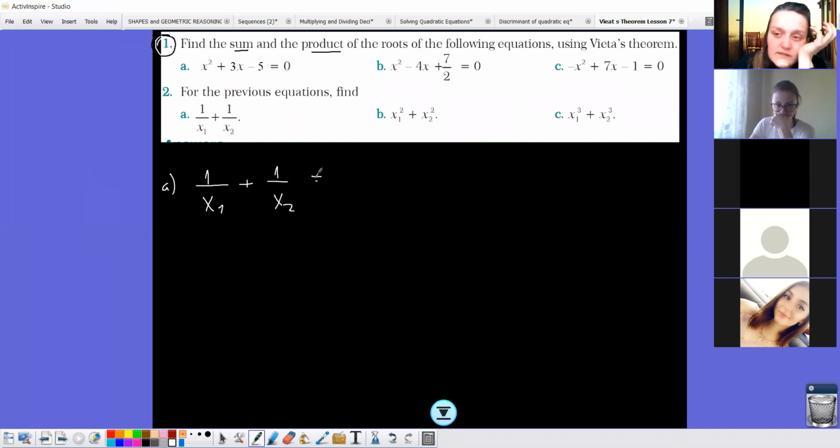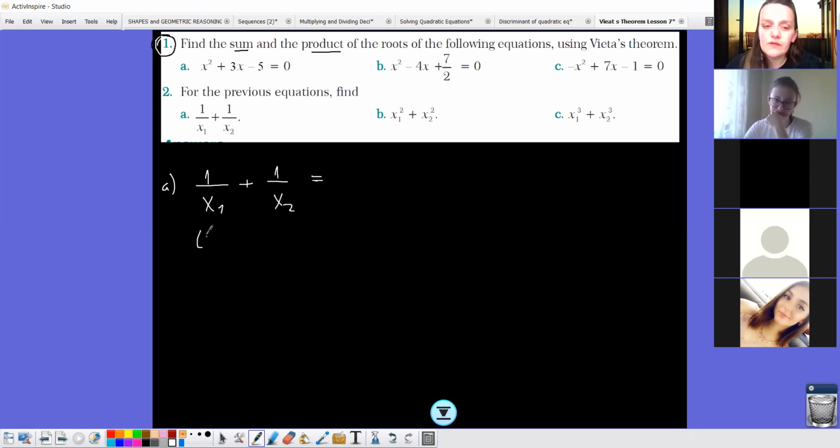So in this case, when you have two fractions and you need to add them, what will you do first? First step. When you're adding two fractions, what is our first step? We should make sure that the denominators are the same. Yeah, we need to make the denominators the same.